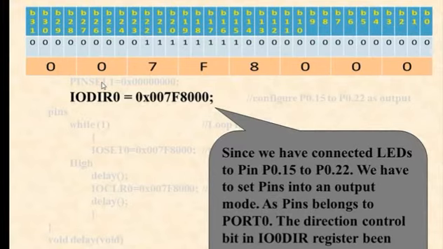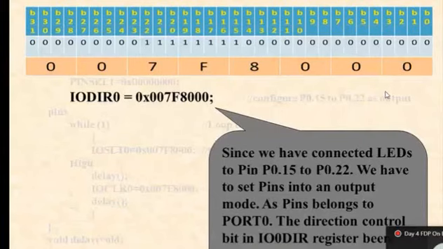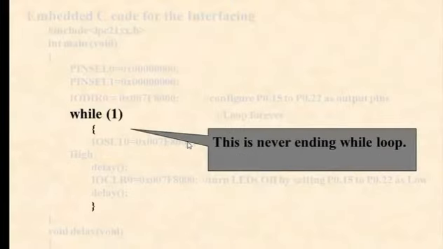First we selected all pins as general purpose input output pins, and then second we decided these pins should be output pins. You can decide pins as per your choice. Then while(1) is a never ending loop, you can say an infinite loop.